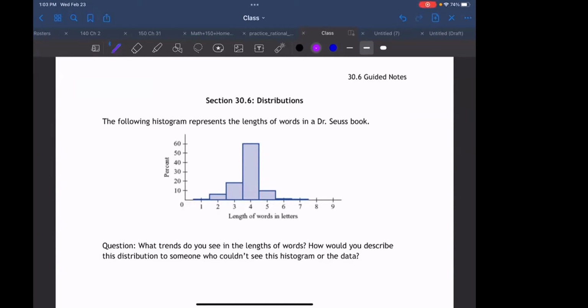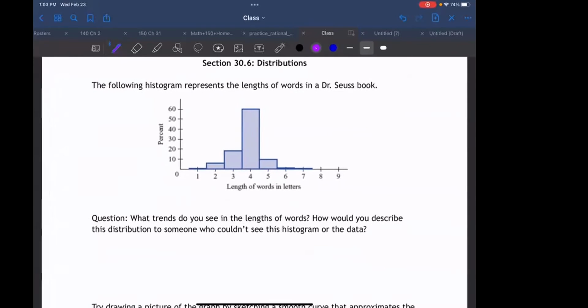So if you were to describe this histogram to someone who couldn't see it, what would you say? What would you tell someone? What are some of the biggest trends going on here? Oh, TJ? Yeah.